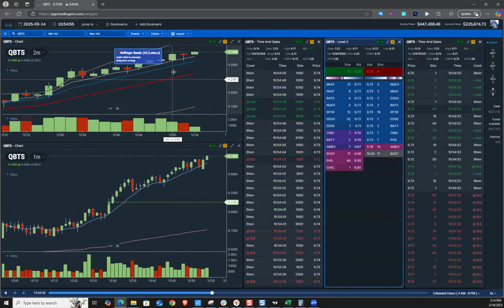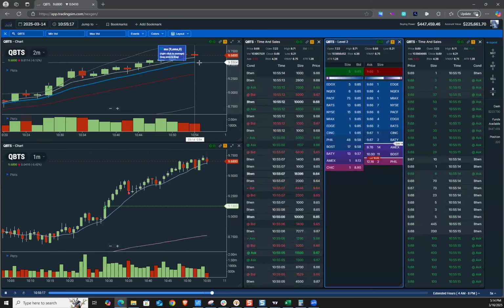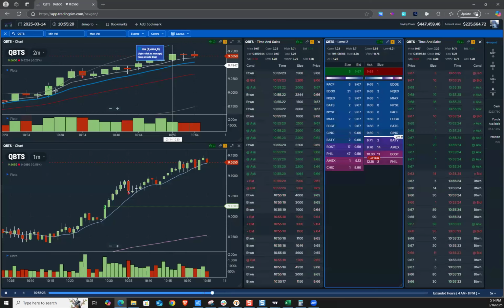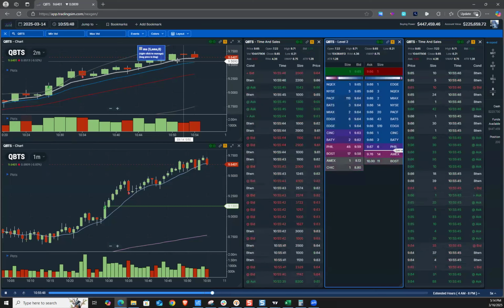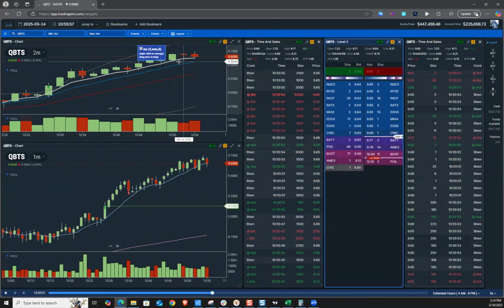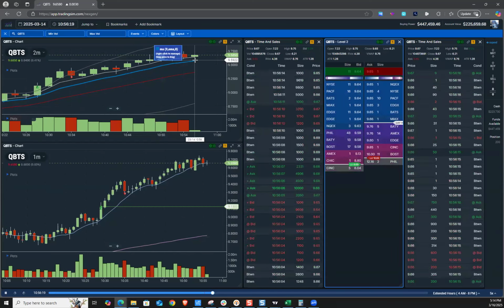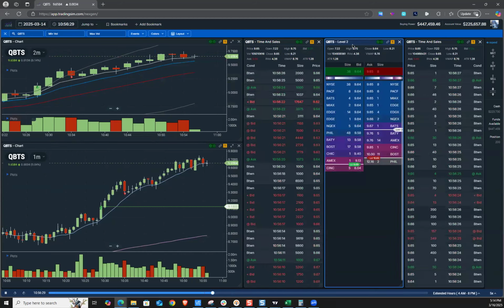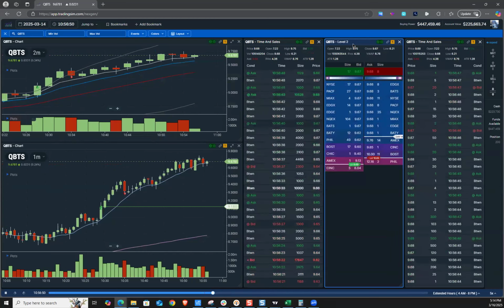I think at this point in the move, if I have anything left, a 2 minute trail is what I'm using on this personally. And in reality, you just went from $9.10 all the way up to $9.70. The stock's up 5%, big move or something like that.